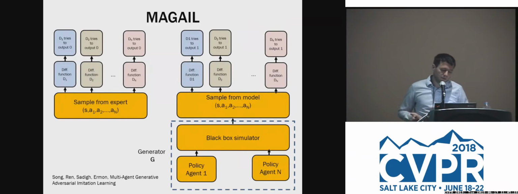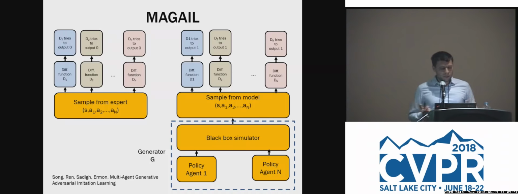The final model basically looks like this. It's very similar to a GAN or a GAIL, except that now the generator doesn't just have a single policy that is interacting with the environment, but you have multiple policies, multiple agents, which could have different policies that are basically interacting with the environment and then producing behaviors, producing trajectories.